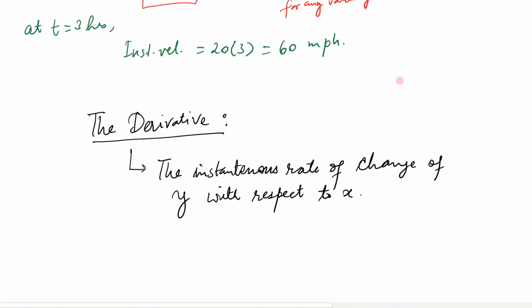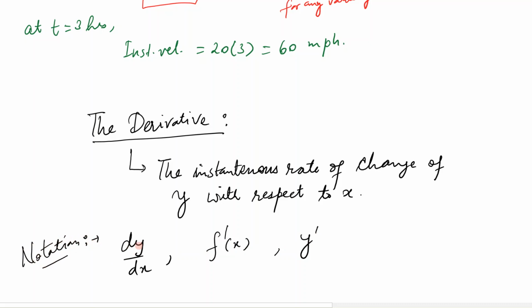And we can write that in different forms. We can write that as dy over dx, or we can use f prime of x, or we can use y prime. So these are all the same thing. These are just different notations. So basically, small change in y over small change in x. That is your instantaneous rate of change of y with respect to x, and this is our derivative.